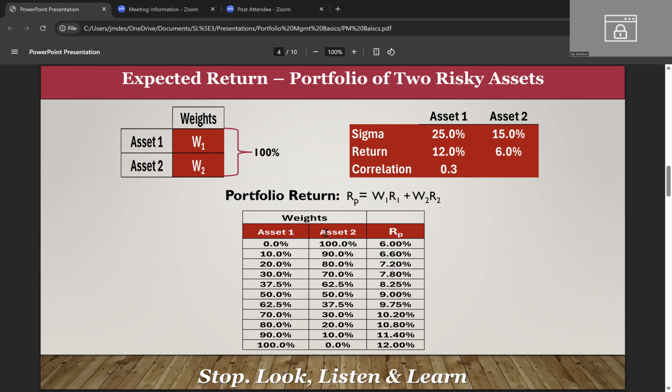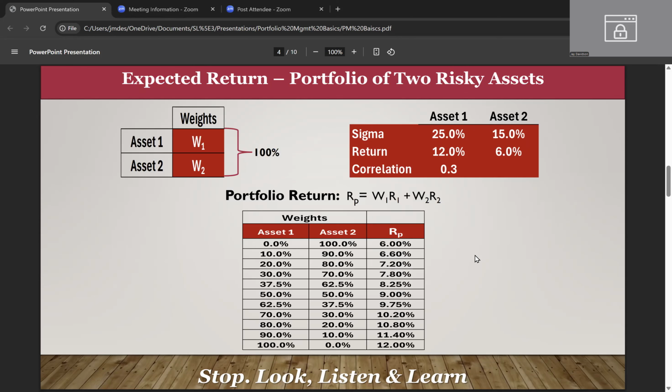And likewise, if we instead had decided to invest all of our resources in asset two, then we would take the weight of asset two, which would be 100%, and multiply that by the return that asset two produced, and we would get a 6% return. So that's pretty simple and straightforward.